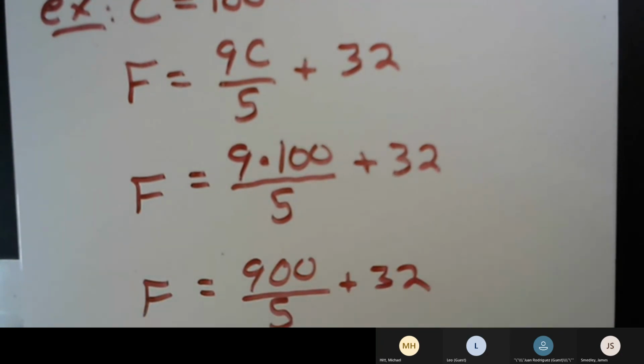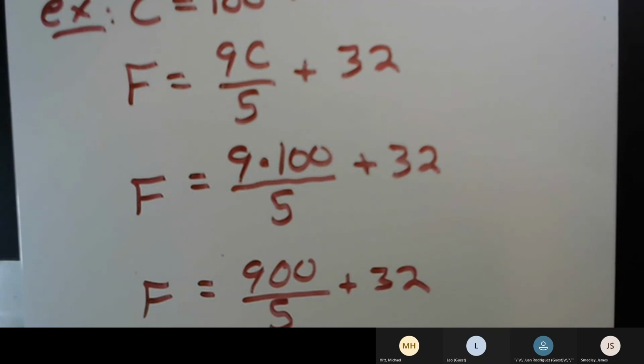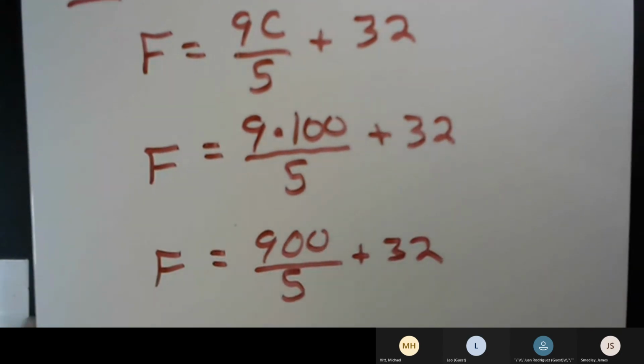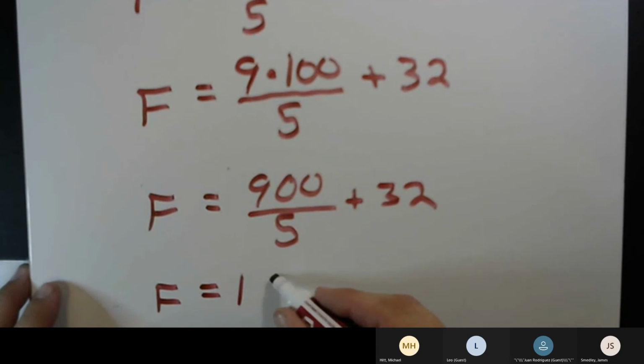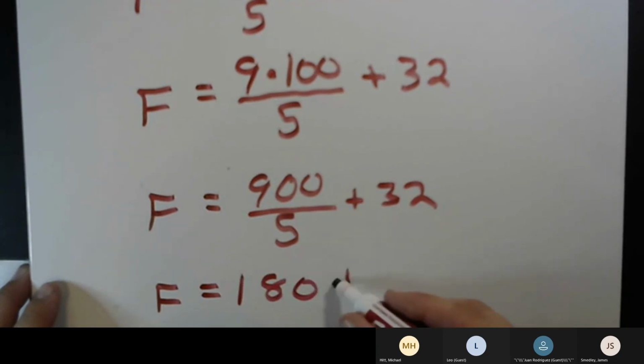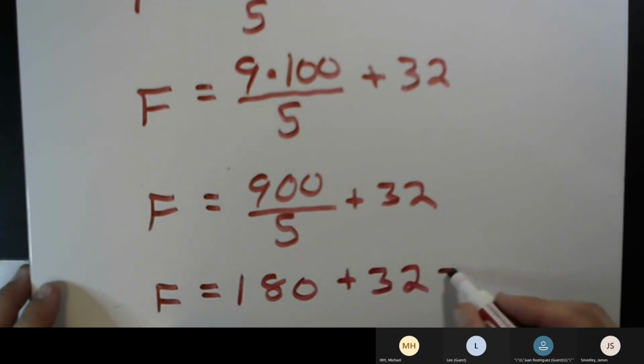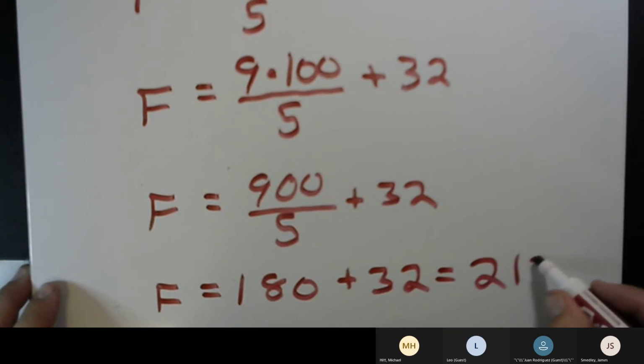Now this is 900 divided by 5. That's 180. When we add these together, we get 212 degrees Fahrenheit.